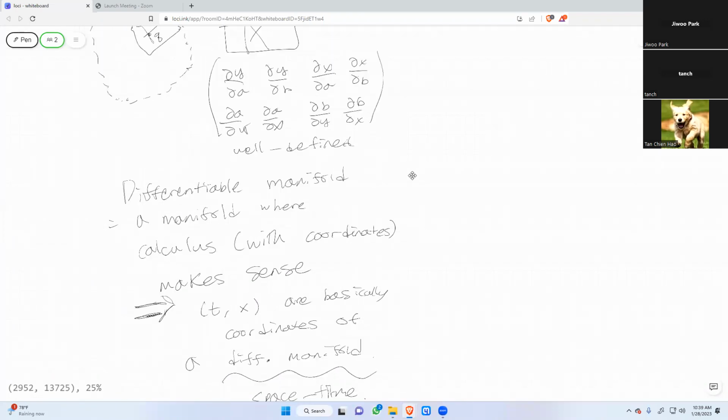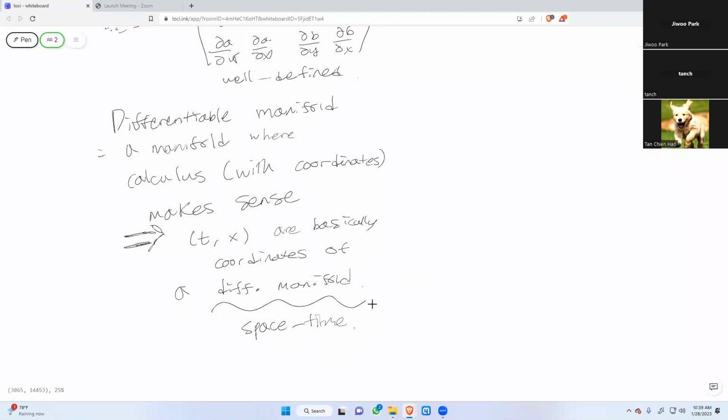What if we have a world line on this manifold, and it crosses two coordinate charts? In general, when we have a world line, we want a differential equation that describes it.